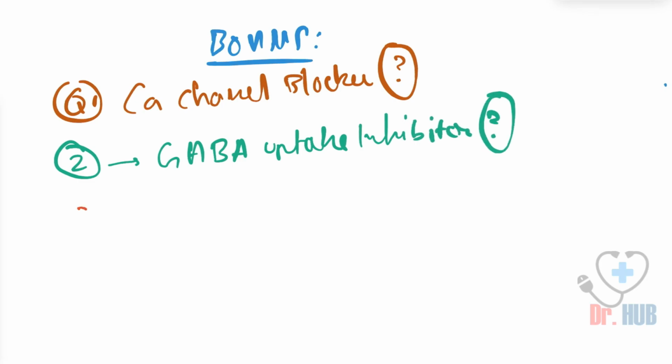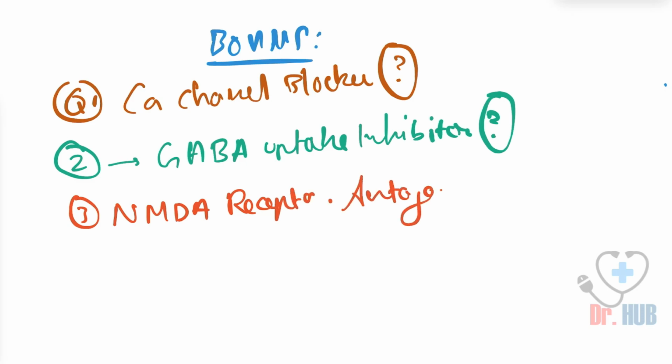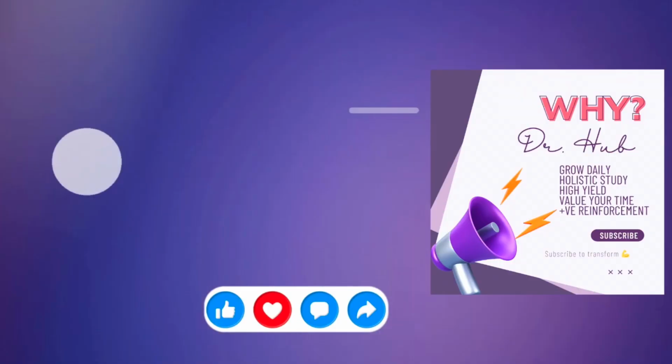The third question we want to ask is, name the NMDA receptor antagonist which has a role in anti-epileptic property. So you can answer these questions in the comments.